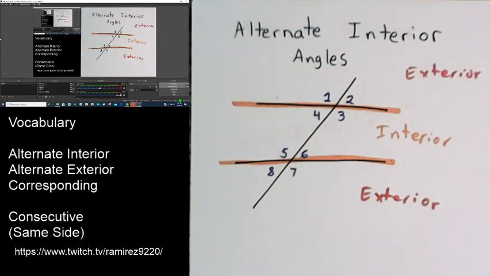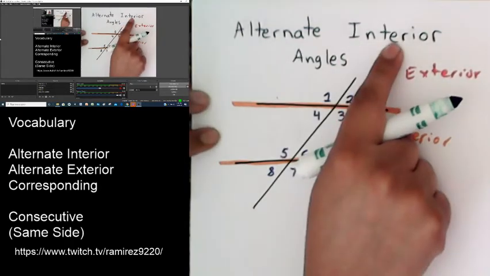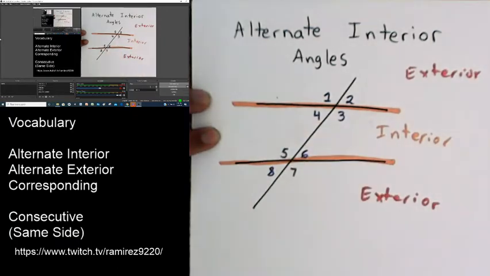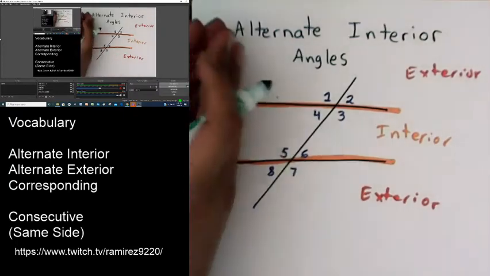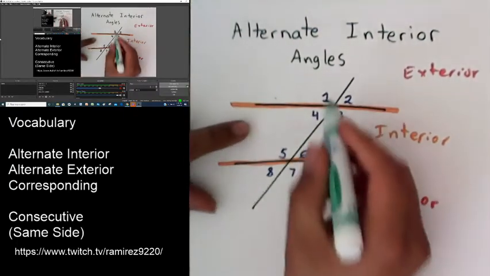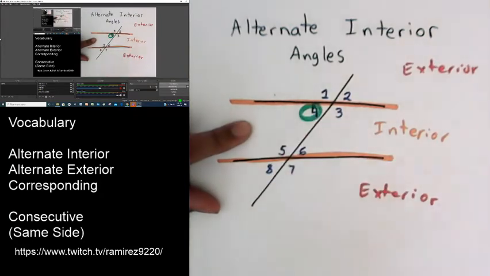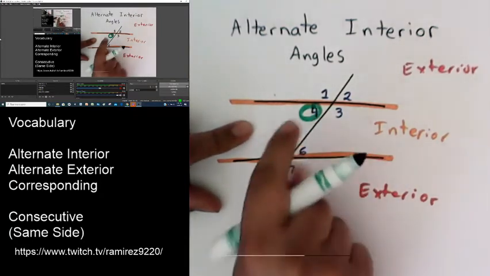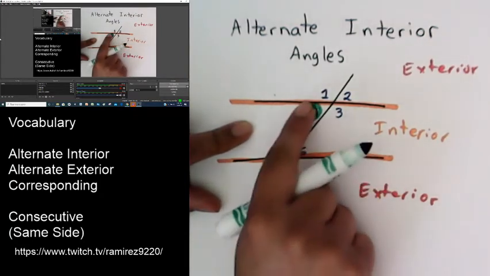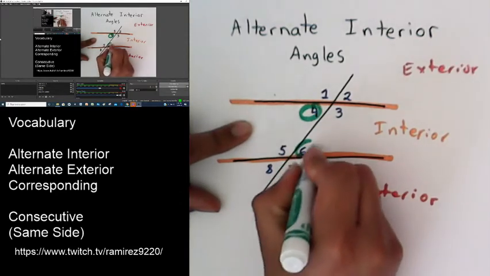Now I'm just showing you guys around, and I'm going to go ahead and show you the alternate interior angles. There's actually two sets. Because it's interior, they have to be inside, and they have to alternate. When you alternate, you're here and then you're there. So one way to think of it is this 4, and it's not going to be next to it, but it's going to be over here, the 6.